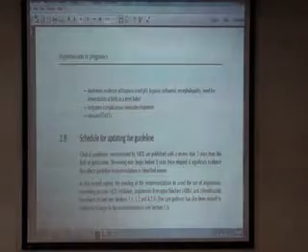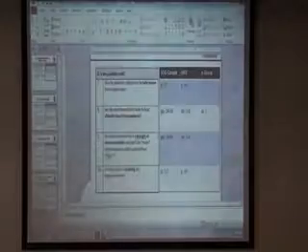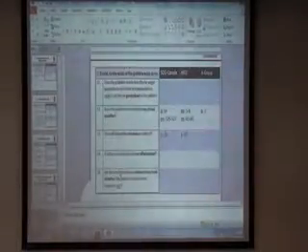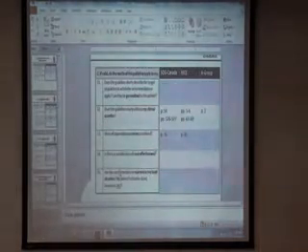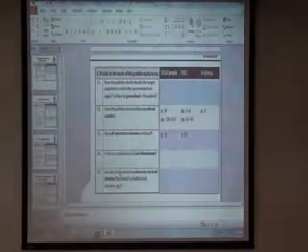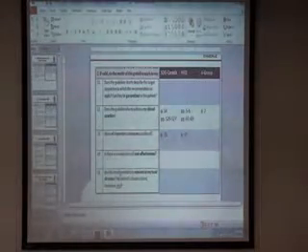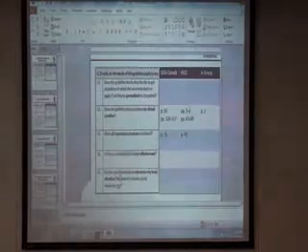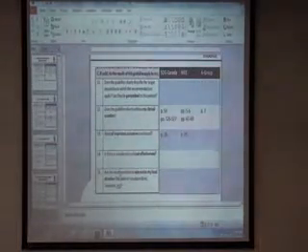Okay, then let's look. Does the guideline clearly describe the target population? I think both of them clearly say pregnant women with mild hypertension, and what they mean by mild. Does the guideline clearly address my clinical question? We already did that, right? Yes, clearly it does. Were all important outcomes considered?